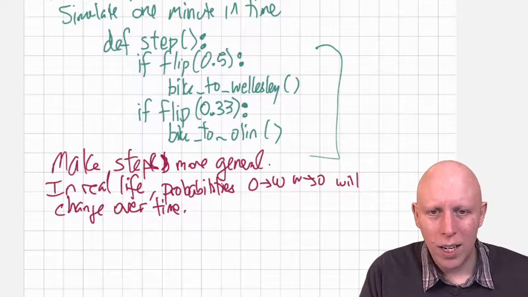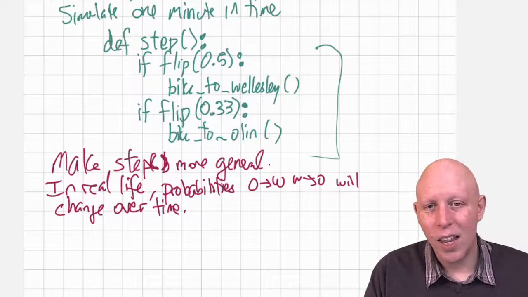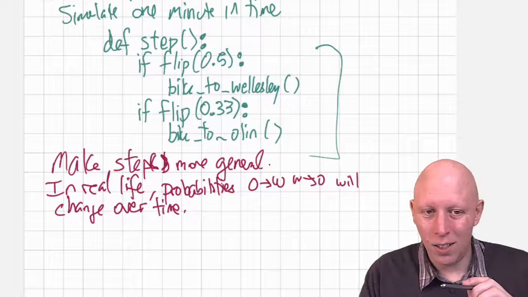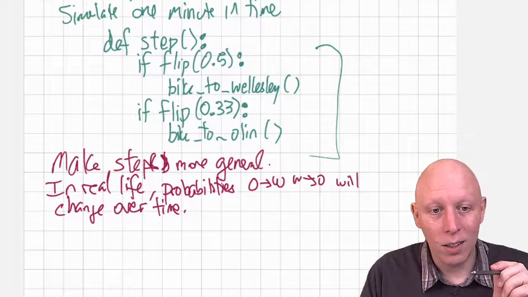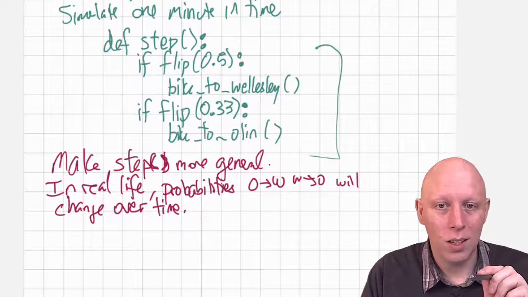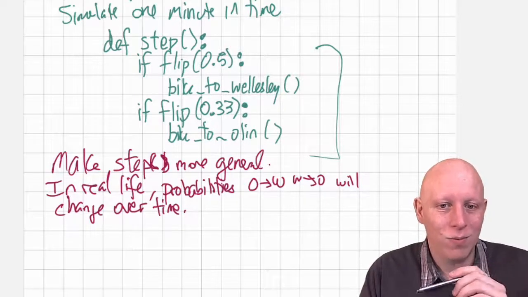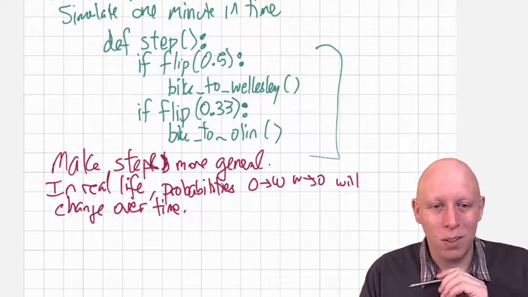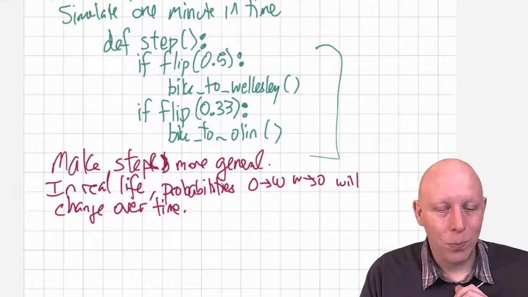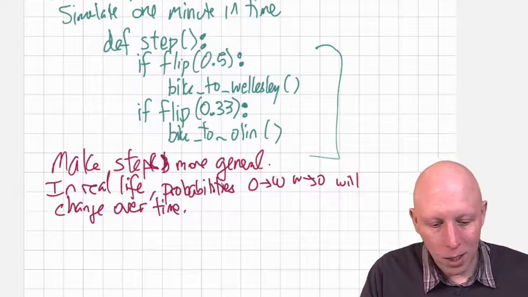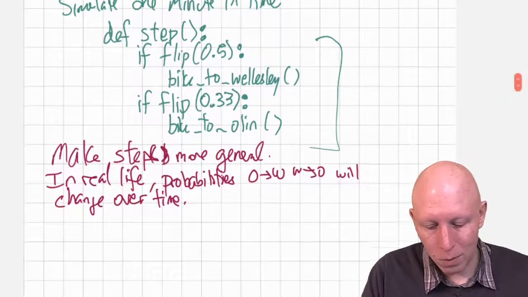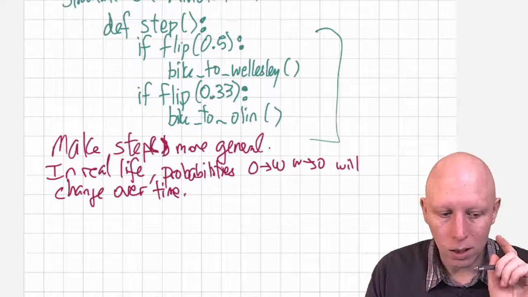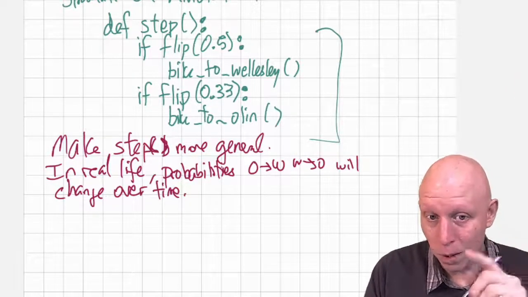It's unlikely that throughout the whole day, all 24 hours, there's a 50% chance that a bike is taken from Olin to Wellesley. In the middle of the night or early in the morning, it's unlikely that every 2 minutes a bike is taken. Because of this, we'd like to modify this step function to be able to adjust based on these probabilities that are changing.